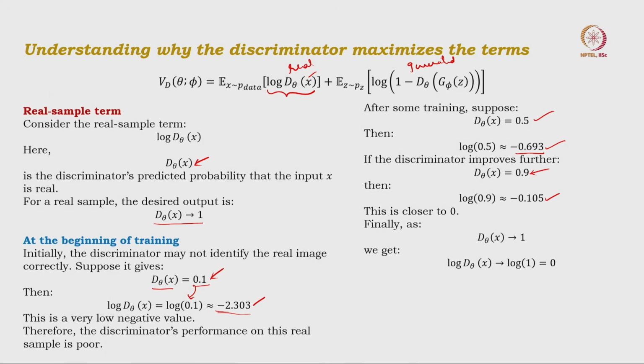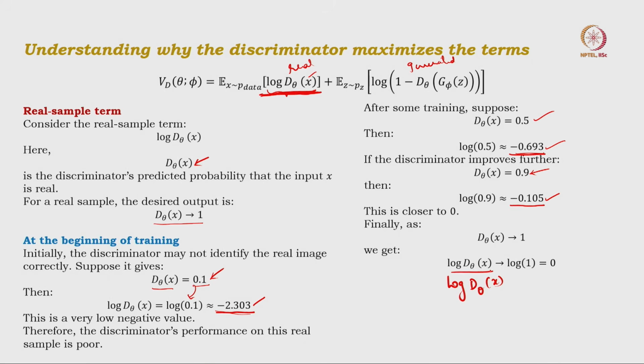Ultimately the aim is maximizing. What is it that you have to maximize? You have to maximize this term. So from here you have improved, from here you have improved, right. So now you are maximizing this value. Now go back and understand this. What have we written? We have written log D theta of x.